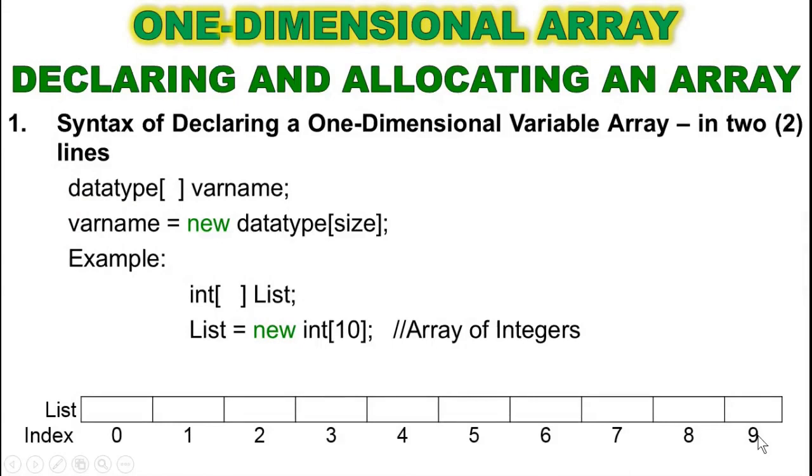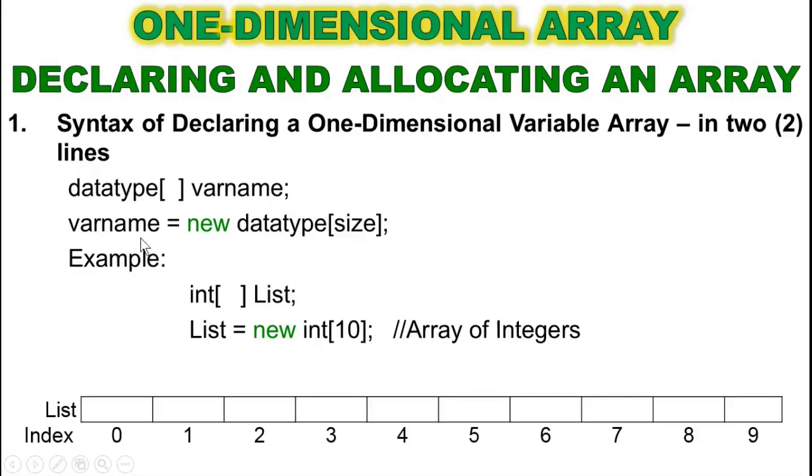Number 1. Syntax of declaring a one-dimensional variable array in 2 lines. In the syntax, we specify the data type followed by empty brackets, followed by the array variable name that you choose, and you end it with a semicolon.